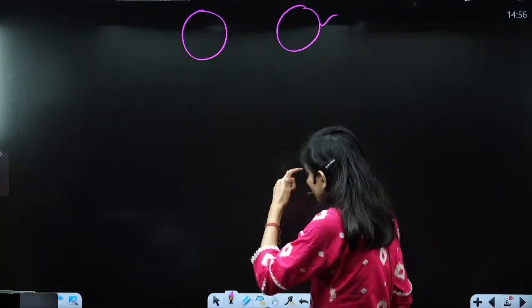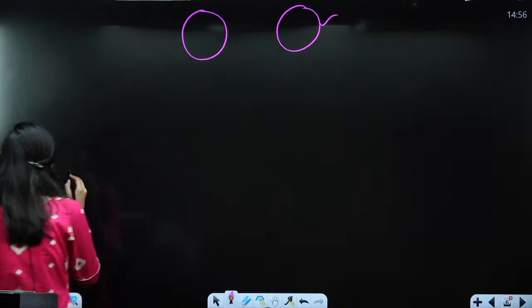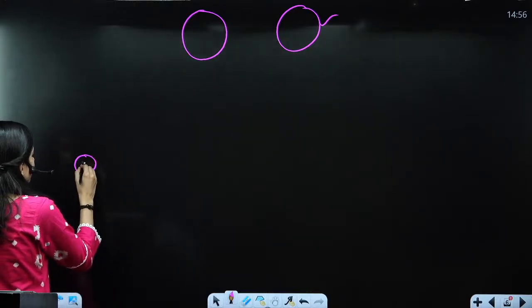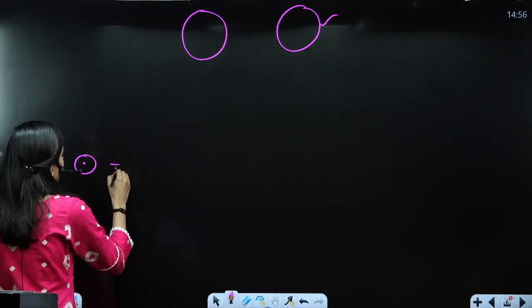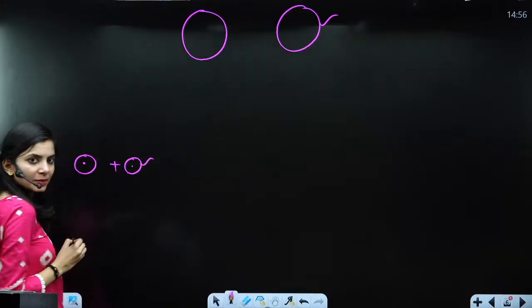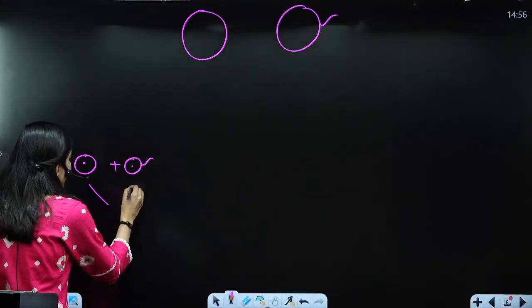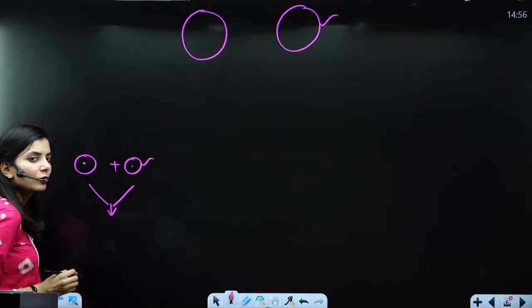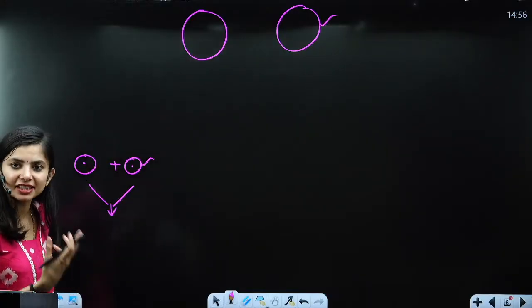Let me tell you the basic process, then I am going to rub this out. So this is, let us suppose, the egg cell, and this is the sperm cell. The egg cell is provided by whom? By the mother. Sperm cell by the father.